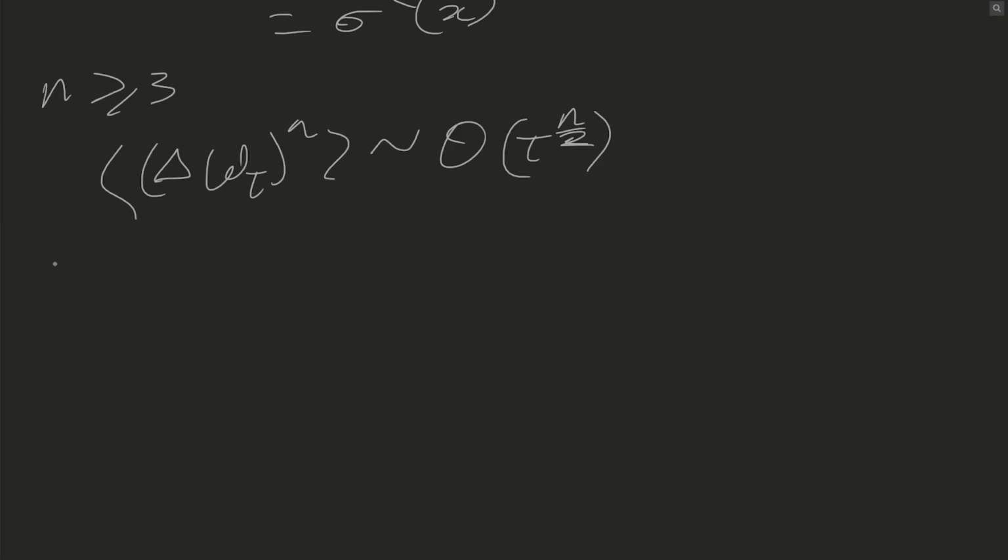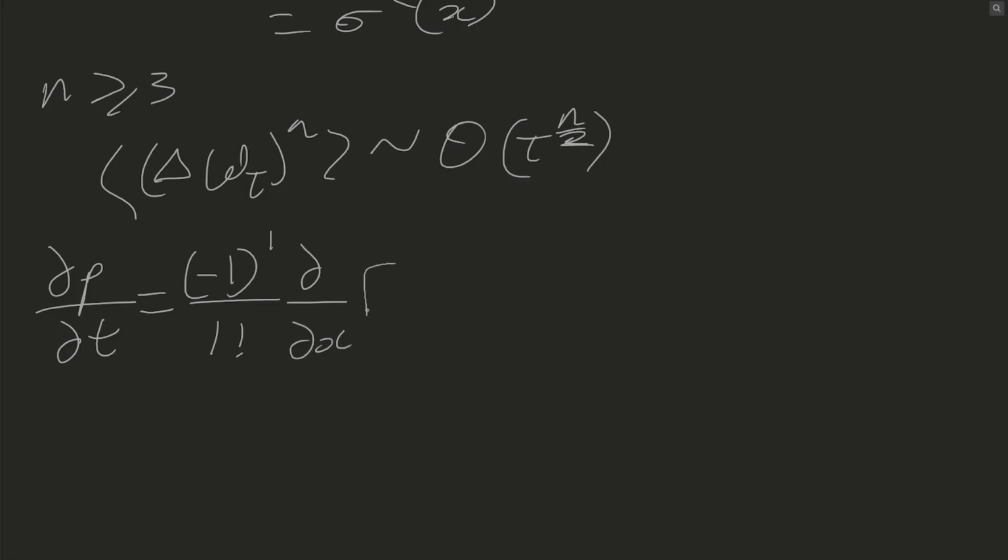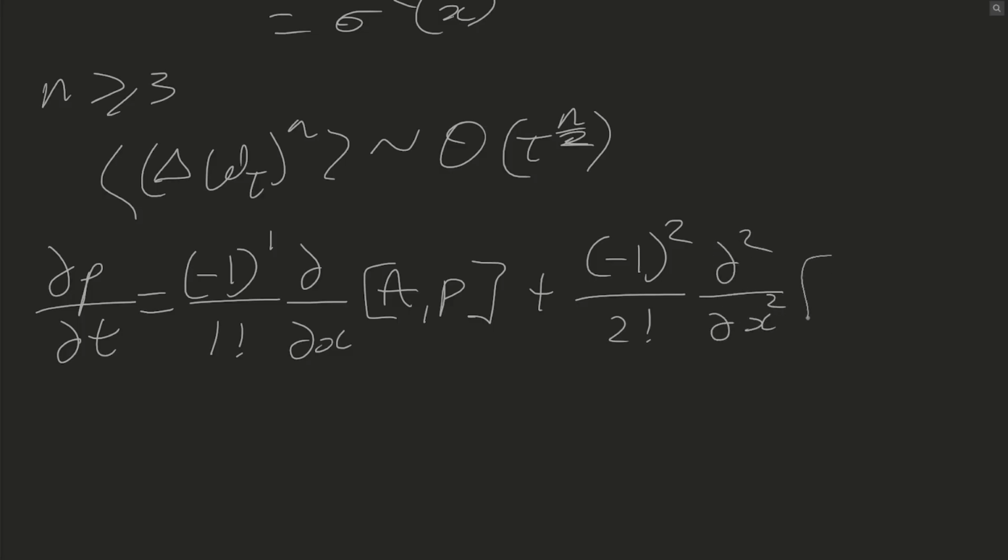So what do we get? We can say that the change in p over time is equal to minus 1 to the 1 over 1 factorial of the first partial derivative of a sub 1 p plus minus 1 squared over 2 factorial times the second partial derivative of a sub 2 p plus 0, they all go to basically 0.